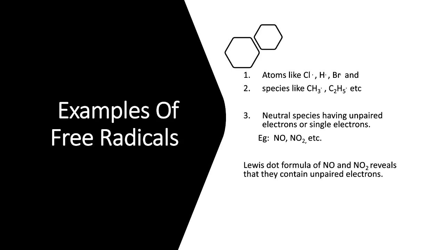This is chlorine free radical, hydrogen free radical, bromine free radical, oxygen free radical, like this. And the species, in the sense a group of atoms. That is, not a single atom but a group of atoms having an unpaired electron. That is CH3 dot methyl free radical, C2H5 dot ethyl free radical, like this.